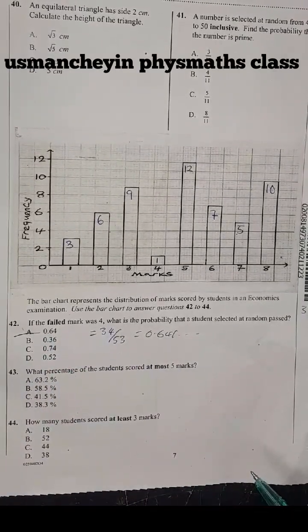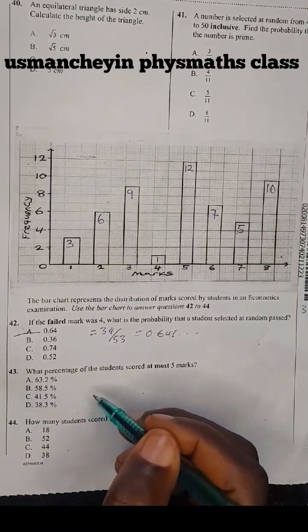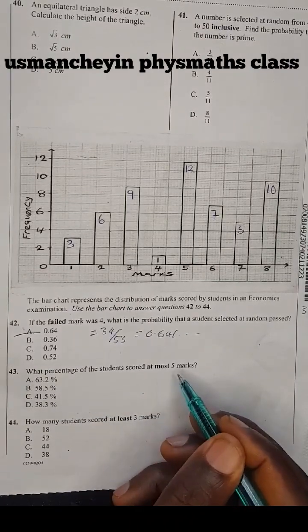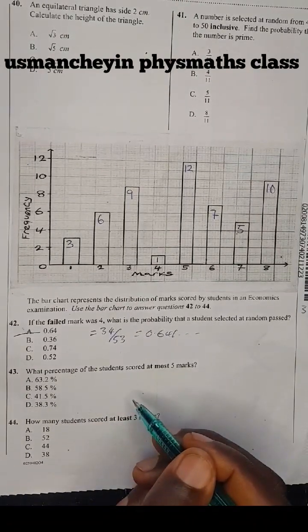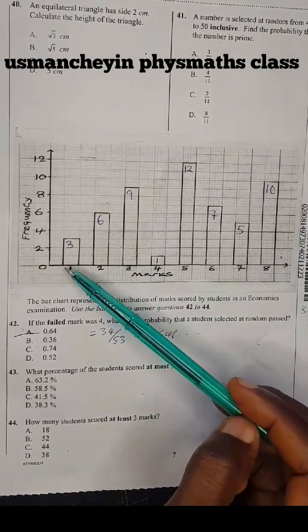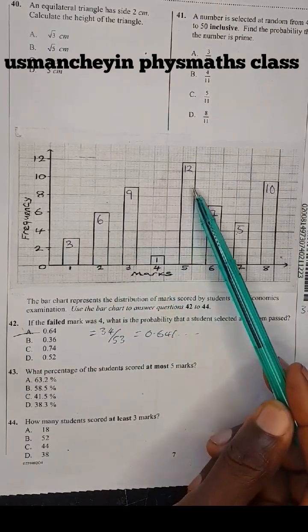That is for 42. Now, coming down to question 43, they said, what percentage of the students scored at most 5 marks? The students that scored at most 5 marks are from this point: 3, 6, 9, 1, and 12.